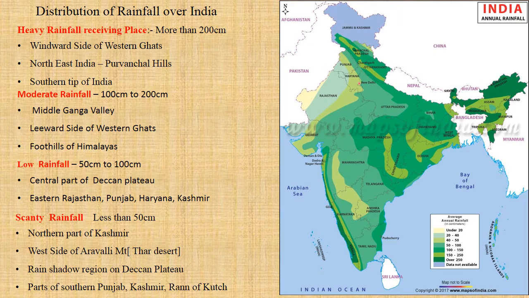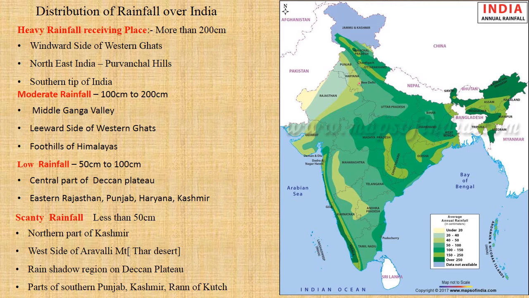So the majority part of our country falls into moderate rainfall. Moderate rainfall is found in the Middle Ganga Valley, which means Uttar Pradesh. It is also found on the leeward side of the Western Ghats, that means in Maharashtra and Karnataka. Then the foothills of the Himalaya, which means the southern part of Nepal. There we have moderate rainfall of 100 to 200.